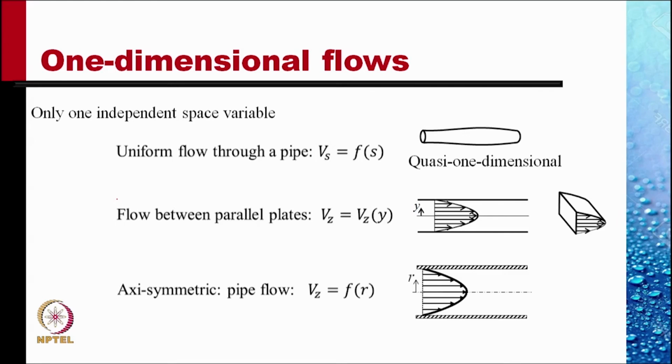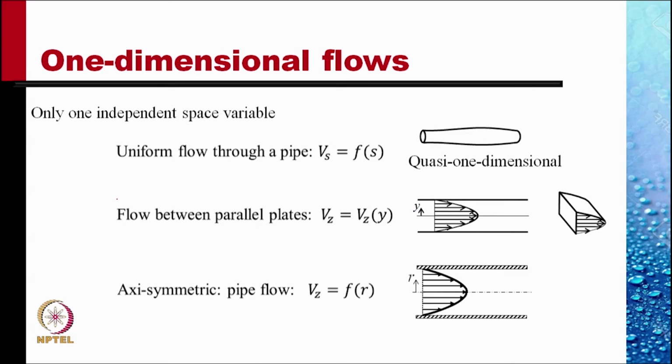That is, it does not vary across the cross section of the channel. So, we can write Vs, the velocity in the S direction, the downstream direction, is a function only of S. If it is a uniform channel, then Vs is constant.